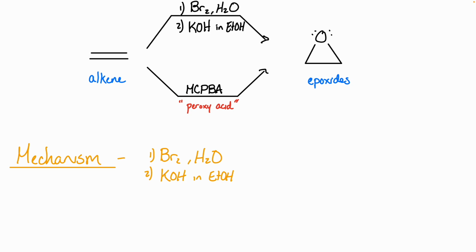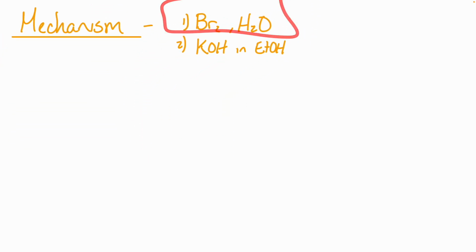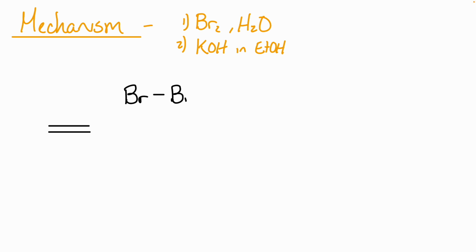All right, so the first step of this reaction would have been a reaction that you would have learned about in the first semester. If we start out with an alkene, we can react these with bromine, and these form these weird intermediates here.